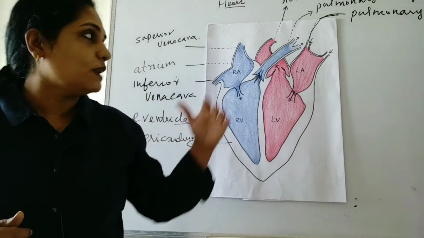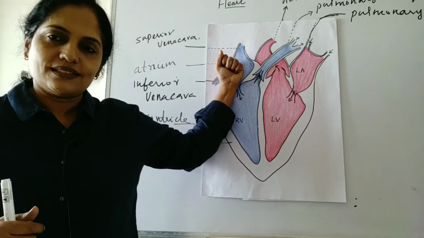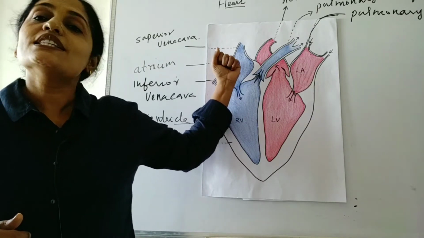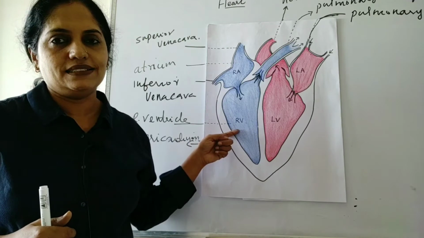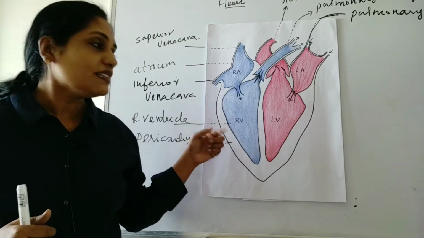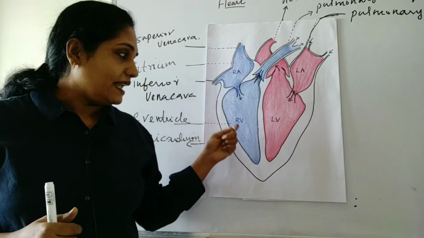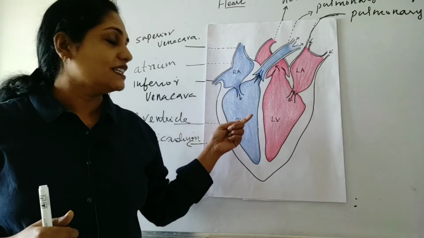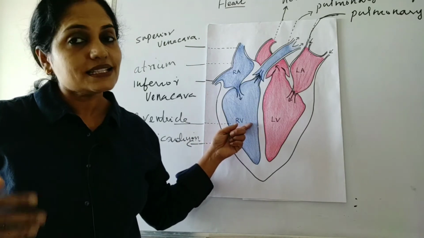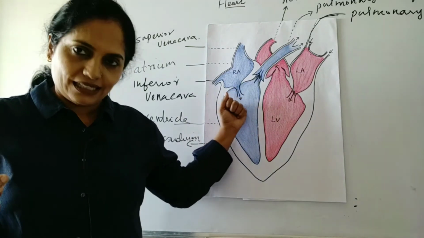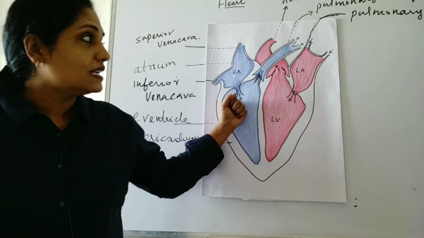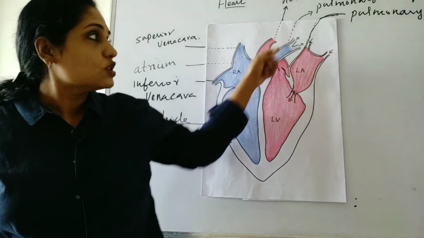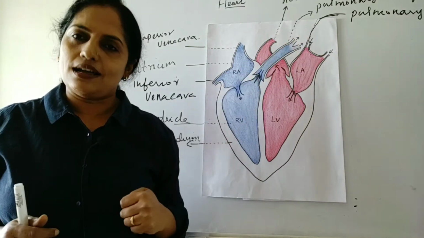Once it receives blood, it contracts, getting into the systolic form, and pushes the blood into the right ventricle. When the right ventricle receives blood, it contracts, getting into its systolic form, and pushes the blood into the lungs through the pulmonary artery.